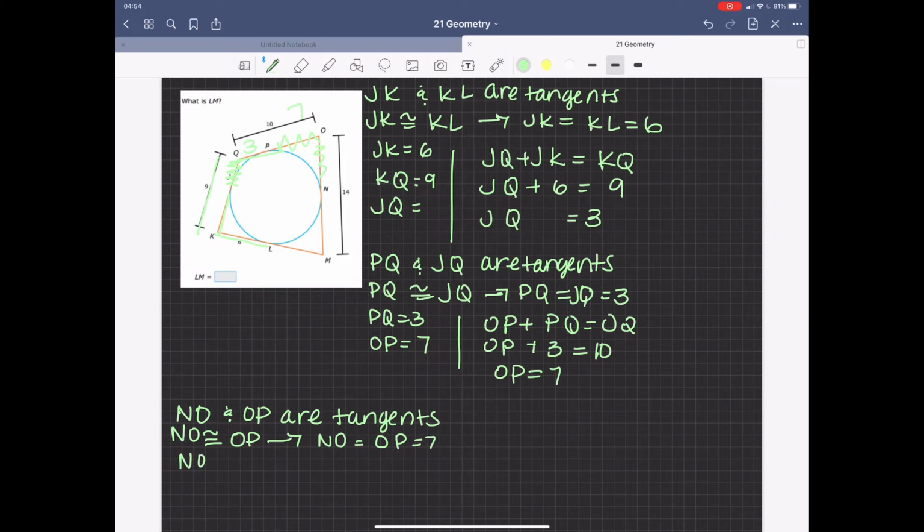MO equals 14. MN is what we're looking for. So MN plus NO equals MO. And then MN plus 7 equals 14. Subtract 7 from both sides. MN equals 7.